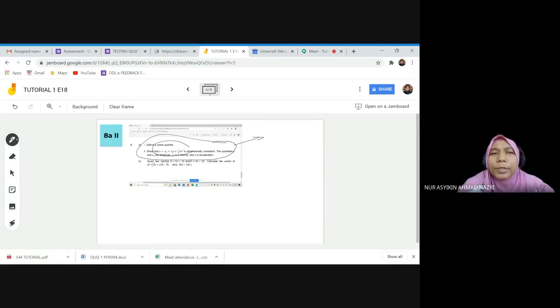Okay, so bila dimensionally consistent means that your left side and your right side kena same dimension. So at the left side here, you have x, dia kata x distance.